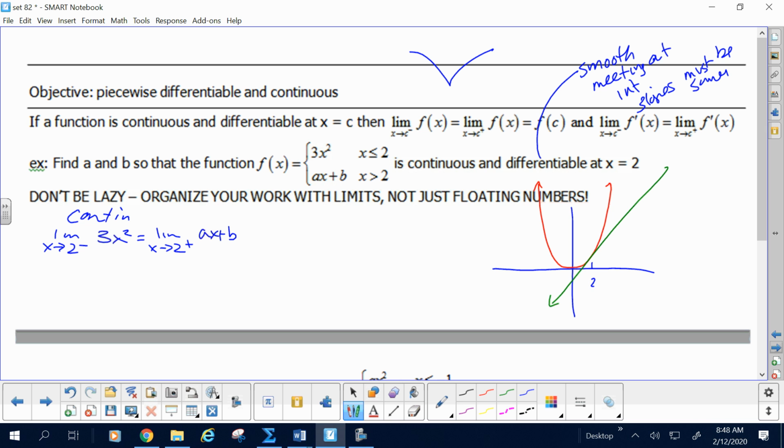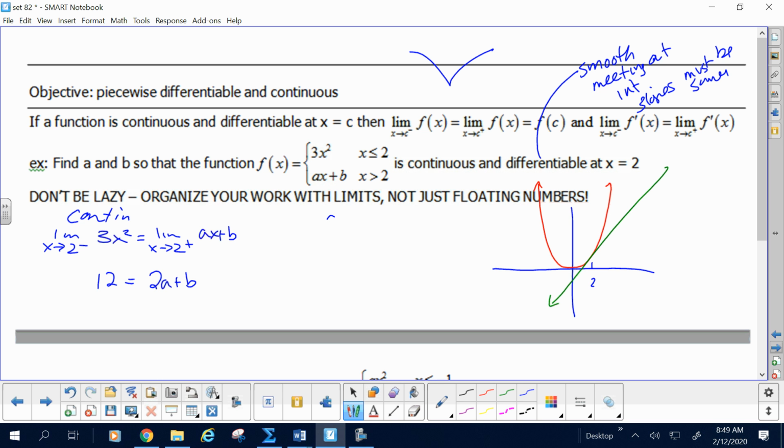You down? Now, if I evaluate the limits, what does 3x squared approach as x goes to 2? 12. And what does ax plus b approach as x goes to 2? 2a plus b.